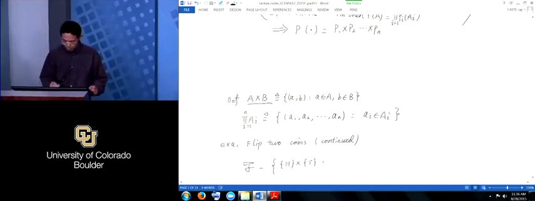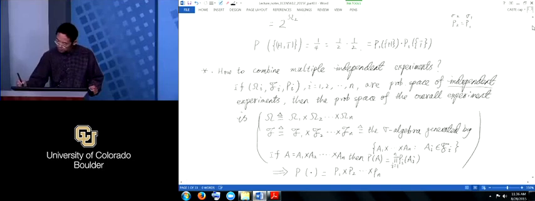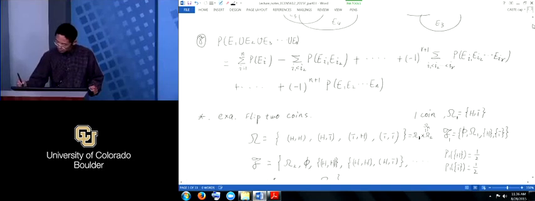So the Cartesian product of this actually only has one element. So this guy should be in F. And omega is also in F.